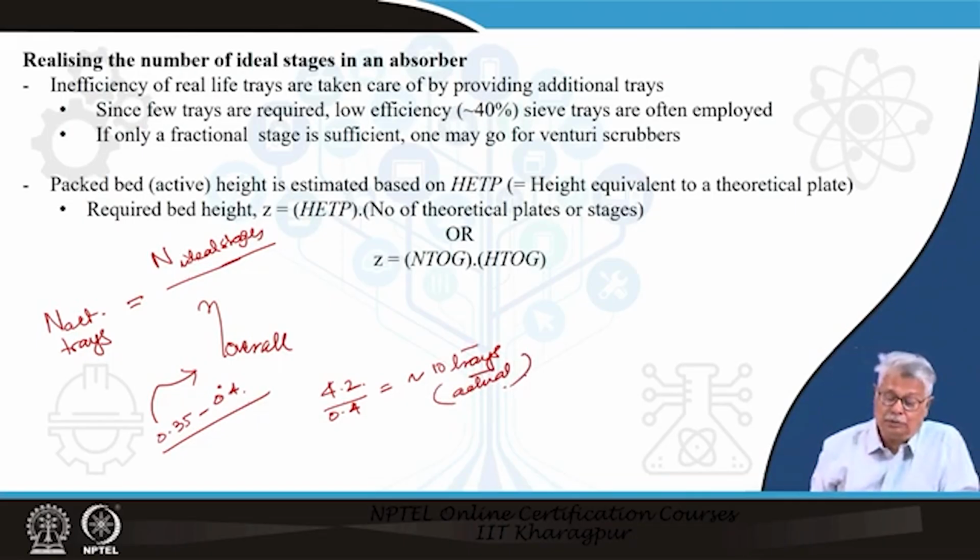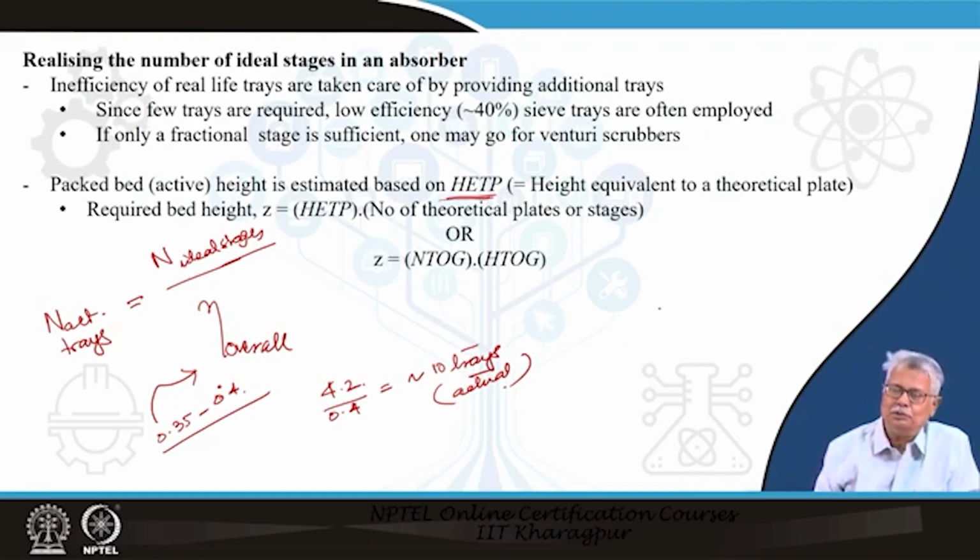Now we talk about the other consideration, that it is not essential that you use an absorber with trays. You can use a packed tower. Let us see how you find it out. In that case, we know the height equivalent to a theoretical plate. What does it mean? It means basically the depth of packing required to provide one ideal stage of contact.